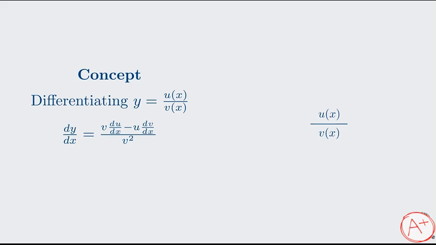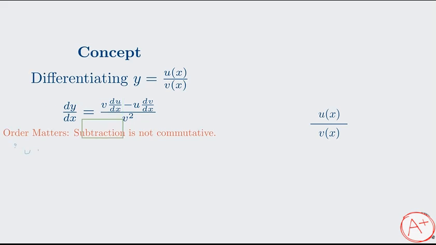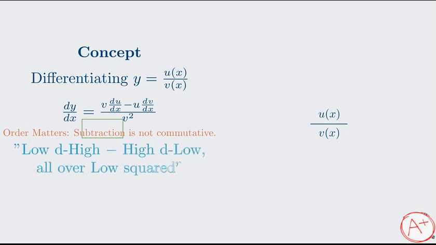A vital reasoning point here: the order in the numerator matters because of the subtraction. We always start with the denominator, v, multiplied by the derivative of the numerator. A helpful mnemonic used by many top students is low d high minus high d low, all over low squared. This ensures you don't swap the terms and get the sign wrong, which is a common pitfall in the 9709 exams.